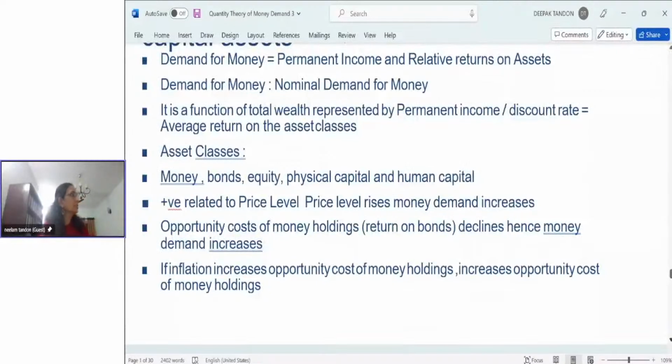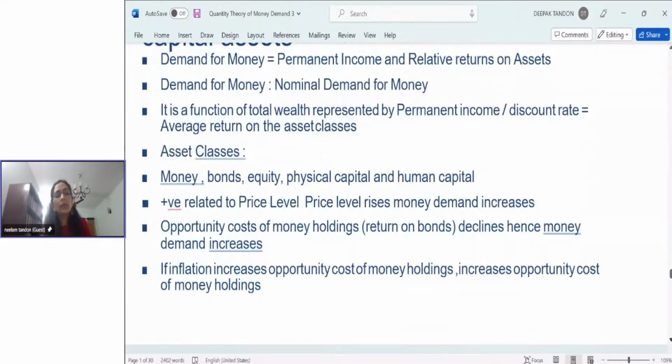If the opportunity cost of holding money declines, that means you want to keep more money in cash, no? Because you are getting less return, so you want to keep more money. So opportunity cost of holding money means what? Returns on bonds are decreasing. If the returns on bonds decrease, then you want to keep more money. So you create more money demand. We have already shared this.